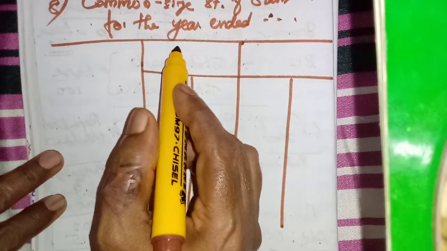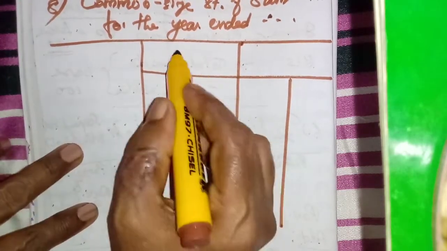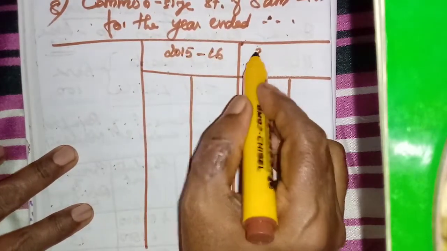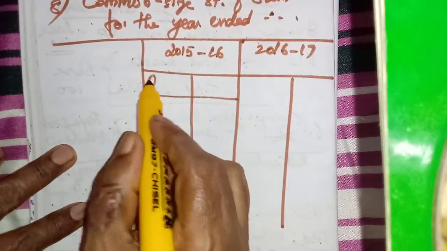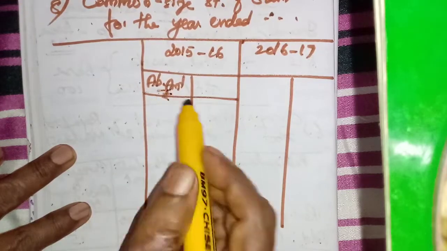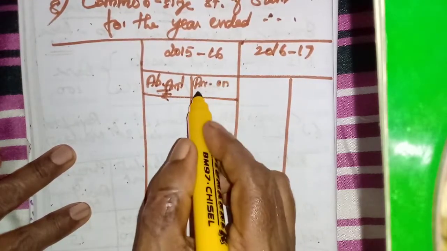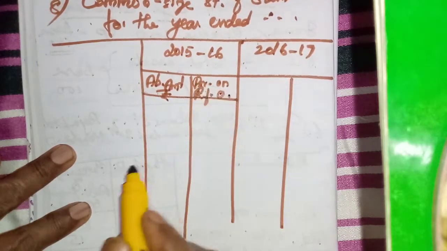Okay, here 2015 16, here 2016 17. Then first one, absolute amount rupees, then percentage on revenue from operation.